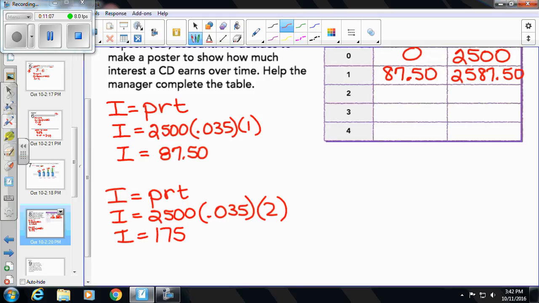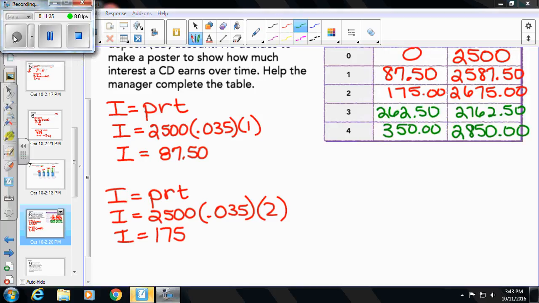So for year 2, I earned $175. When I add that to my original deposit of $2,500, I'm up to $2,675. I want you to complete the interest for years 3 and 4 and the new account balances.